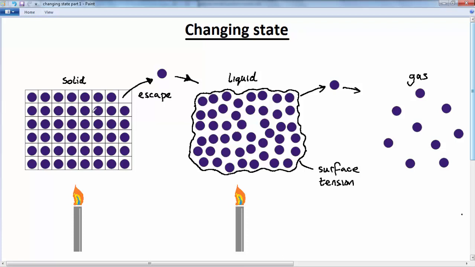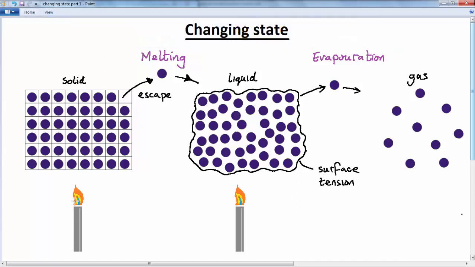Now when a substance changes from a solid to a liquid, we call that process melting. When it changes from the liquid into the gas state, we call that evaporation. What we're going to do now is allow the gas to cool.